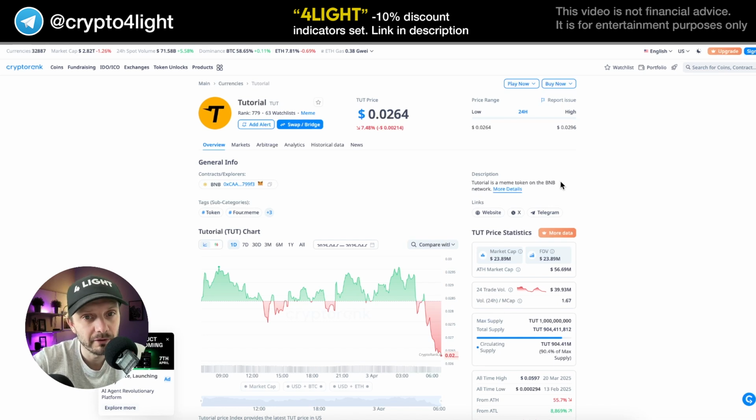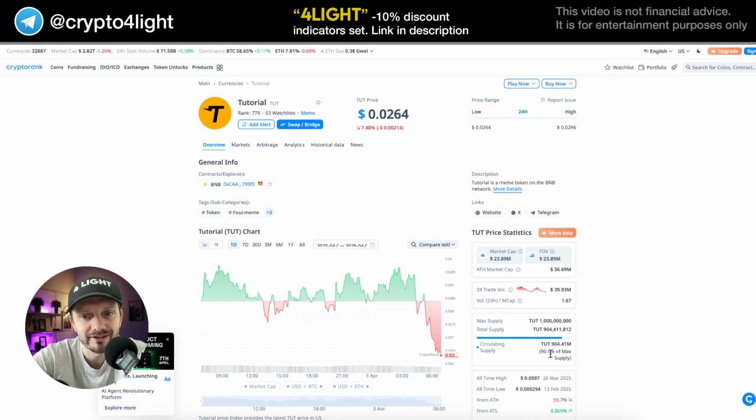Now everybody forgot about BNB and focuses on the Sol meme sector. But I guess BNB and Binance will try to join in again and lead the market with meme coins. So this is definitely a pretty low cap token.